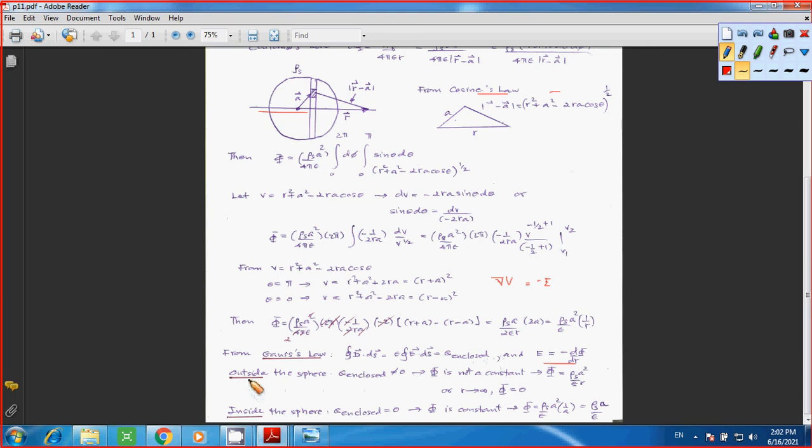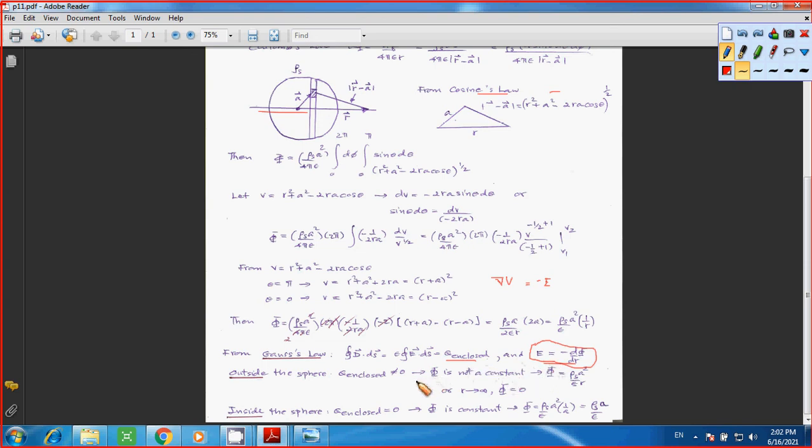Let's consider outside the sphere. Because Q enclosed is not equal to 0, E is not equal to 0.